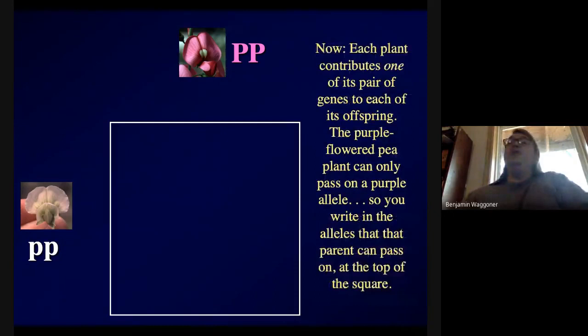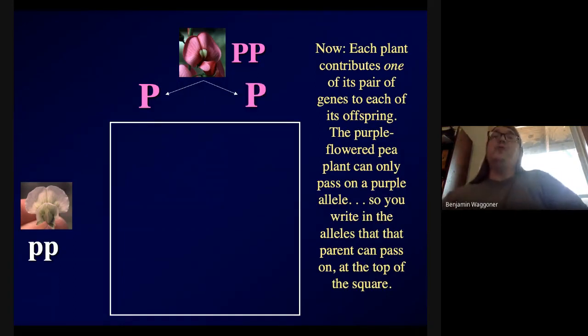Each plant contributes one or the other of its pair of genes to every one of its offspring. So that purple flowered plant will pass on either one of its big P alleles or the other of its big P alleles, but not both.